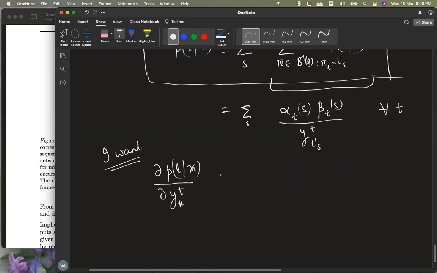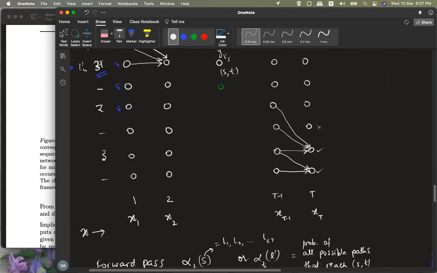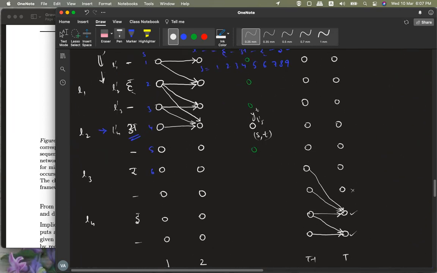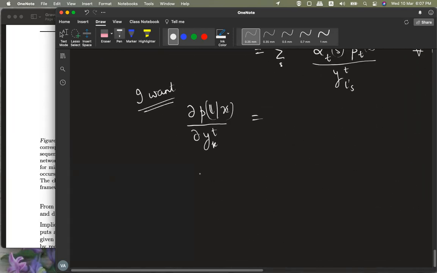Let us use this form. Let me take an example so that you can understand. I'm doing it for one example in the beginning, with a particular k.